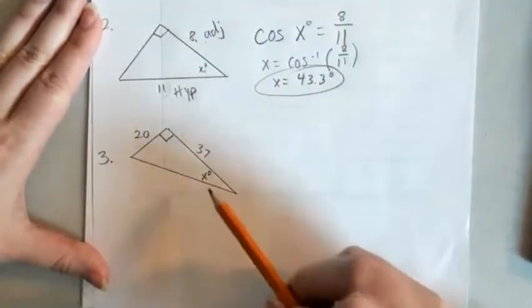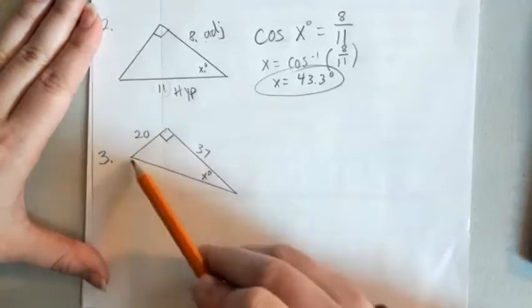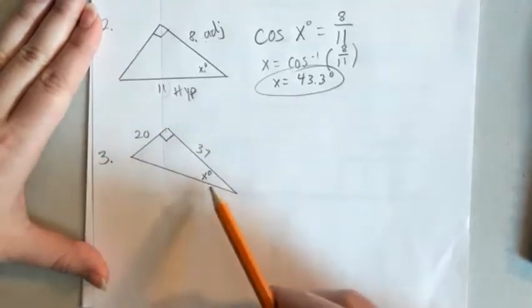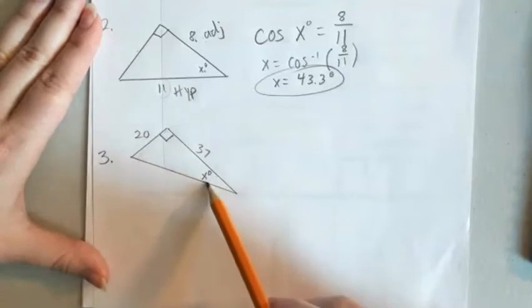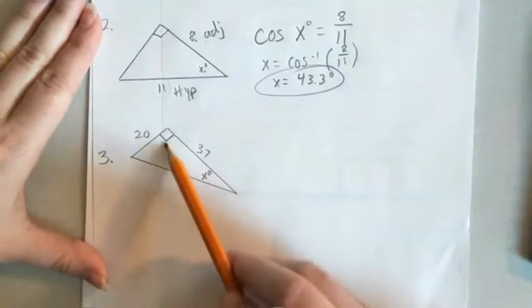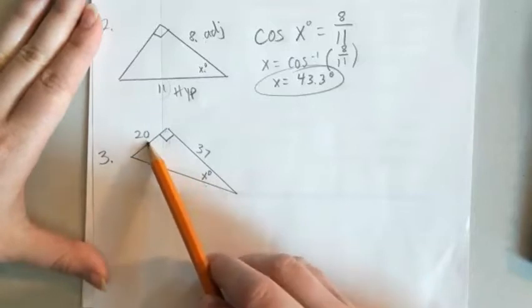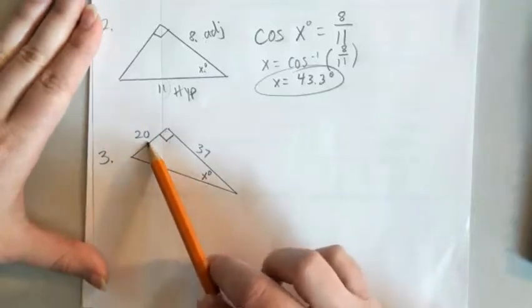Last but not least, I've got a right triangle here. This side's 20, this side's 37, and this side here I don't know. This is where my angle is. All right, this side here is the one across from the right angle. That's my hypotenuse. I don't know it, so I'm not using my hypotenuse in this problem. 20 is across from x. What would that make 20?